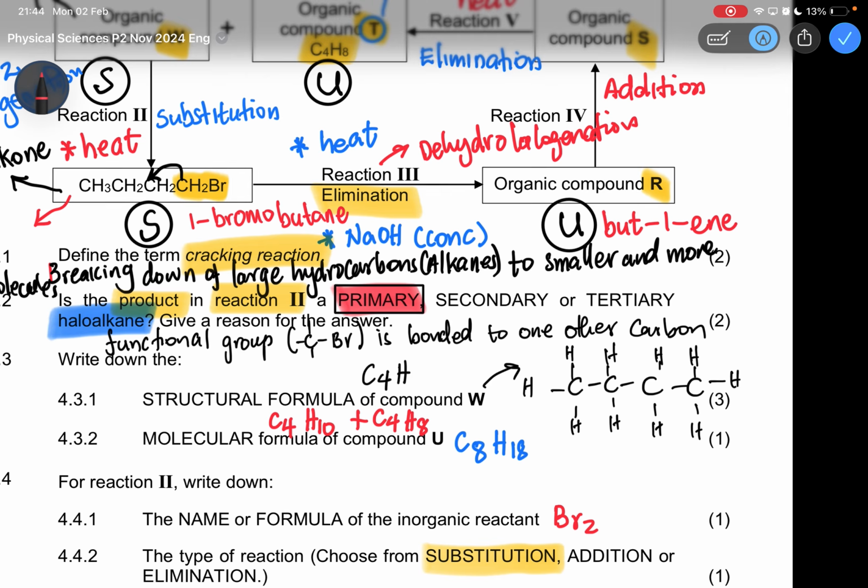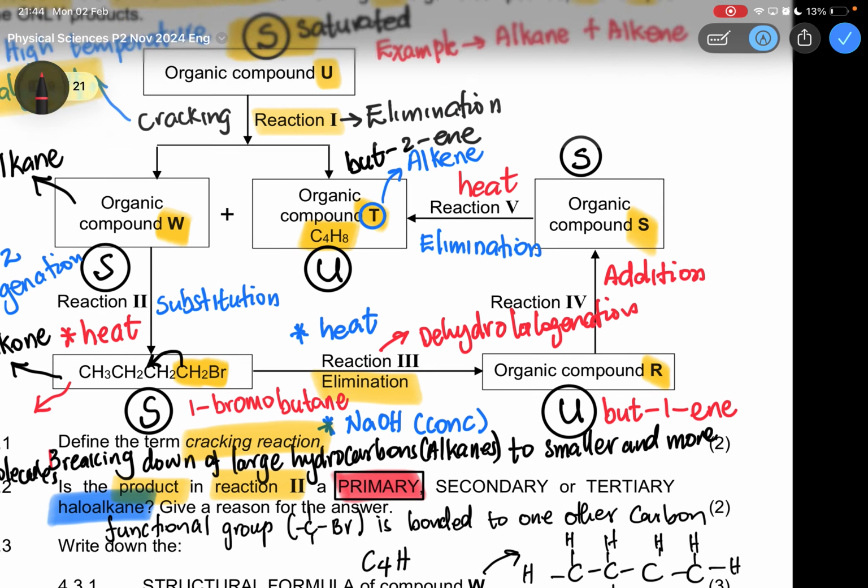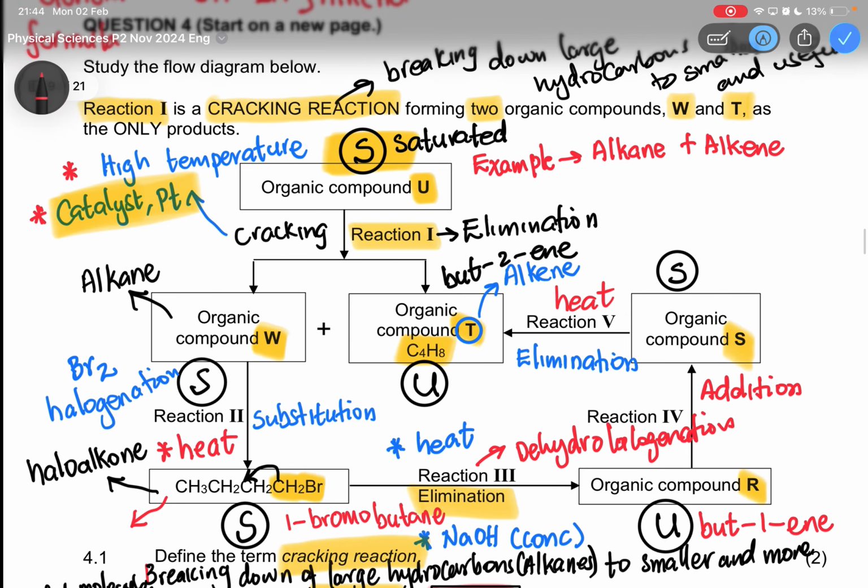If I was alone, possibly I would be able to answer those questions without having to discuss. But I would really encourage you to actually talk to the paper, have a draft like this. If not something like that, then you're going to have a problem. Talk to the paper. Don't rush to answer those questions. By the time you finish analyzing the flowchart, you have answered 90% of those questions, if not 80.